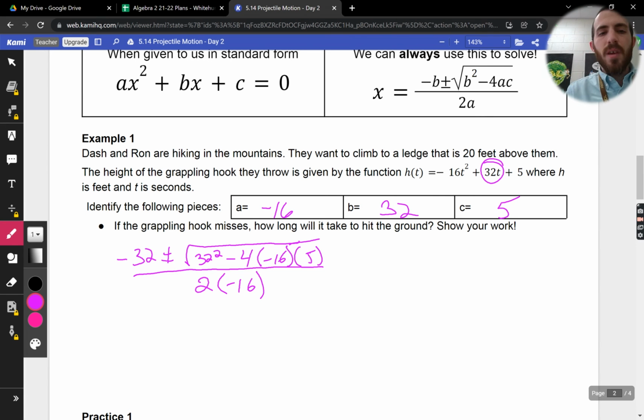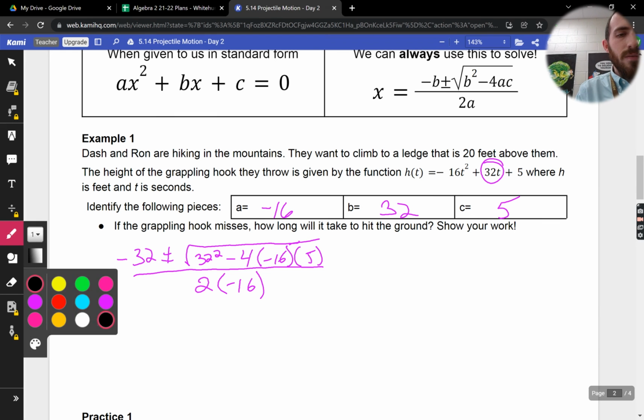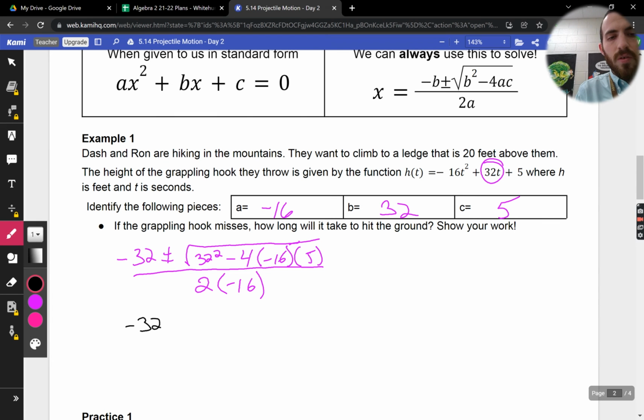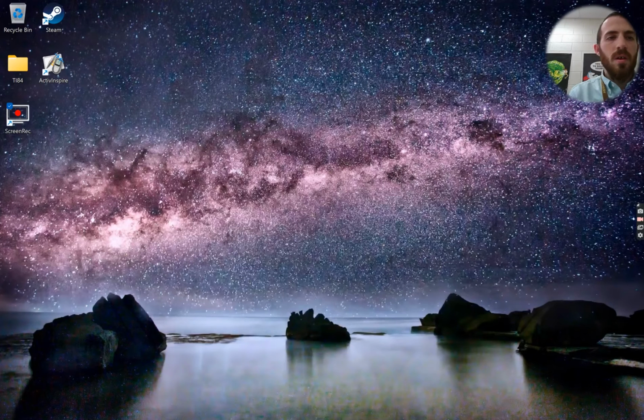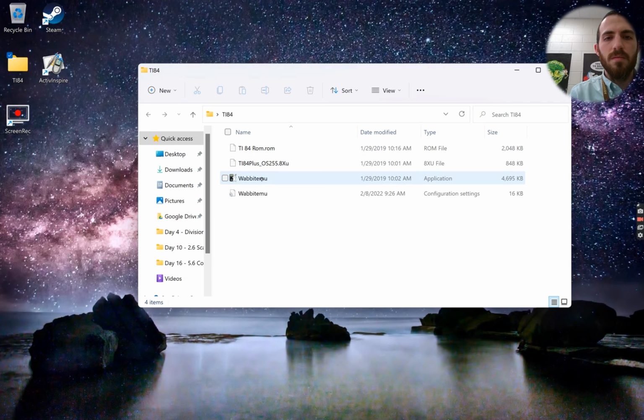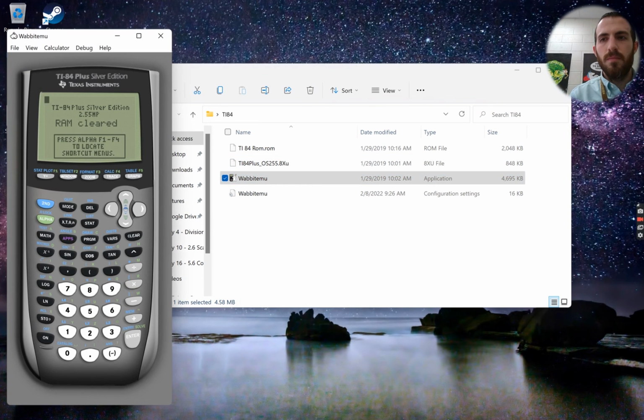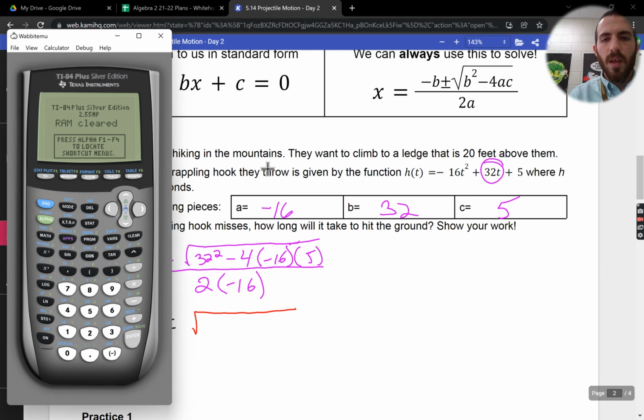Now we're going to solve this in pieces. The first part we solve, we can't do anything with that negative 32. We then simplify everything that's underneath that square root. So I'm going to need to open up my calculator real quick. In the calculator, we're just going to put everything under the square root.